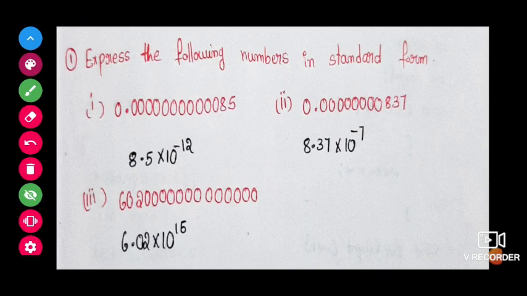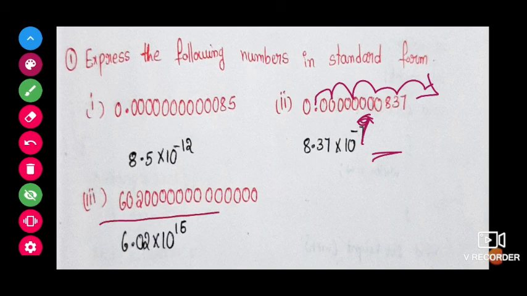We are getting, I think, 8. Again: 1, 2, 3, 4, 5, 6, 7, 8, 9. 9 places we are moving. So 8.37 into 10 to the power minus 9, children. Here 7 is there, but it's not 7. It should be minus 9. The point is moving towards the right side, so it's a minus.